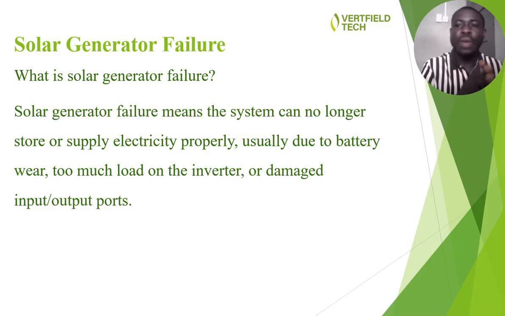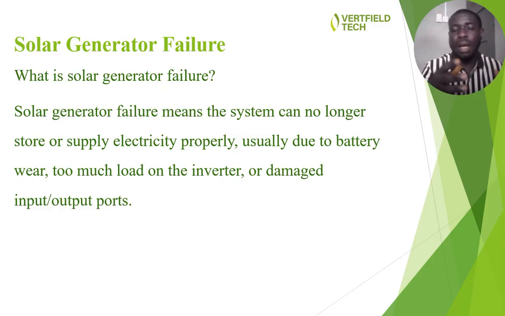So when you power up your solar generator, which is expected to power a specific amount of load, let's say a 500-watt solar generator system, which is expected to power at least 400 watts of load, let's leave that tolerance out of it right now.